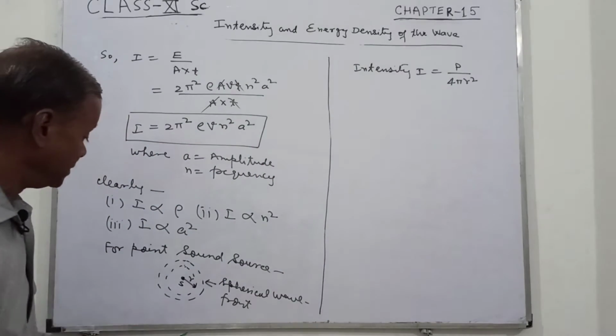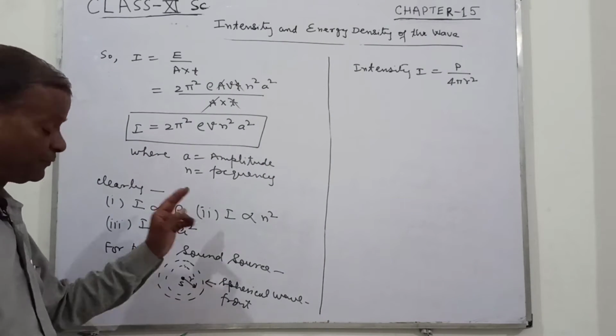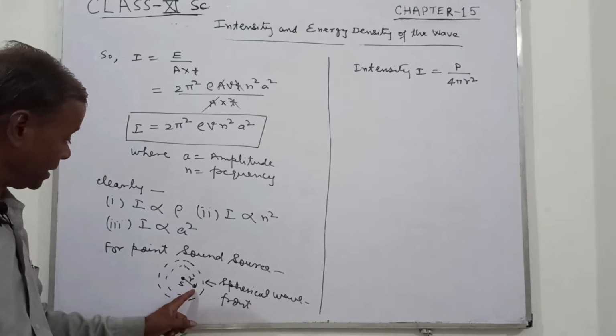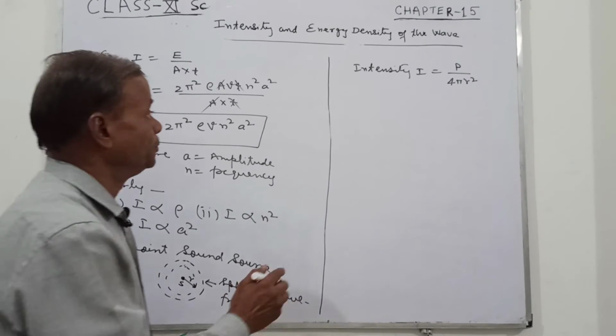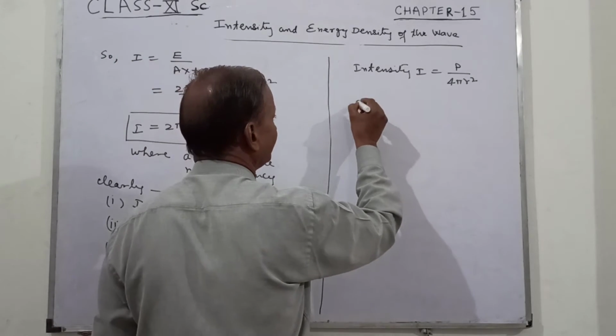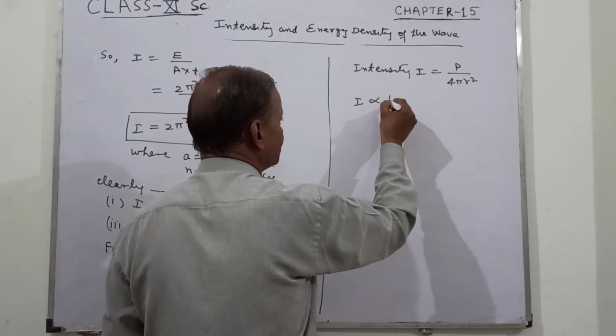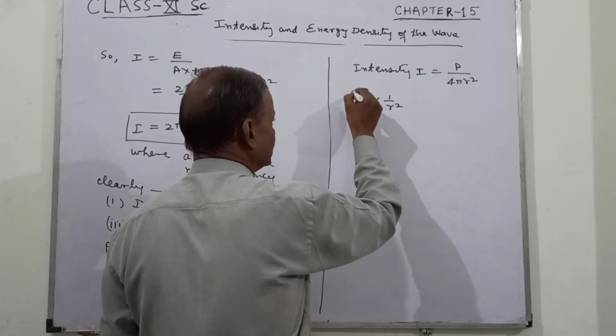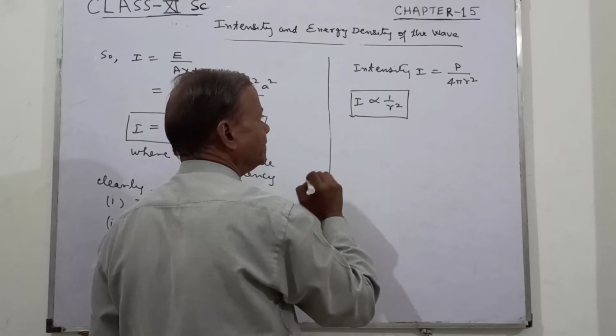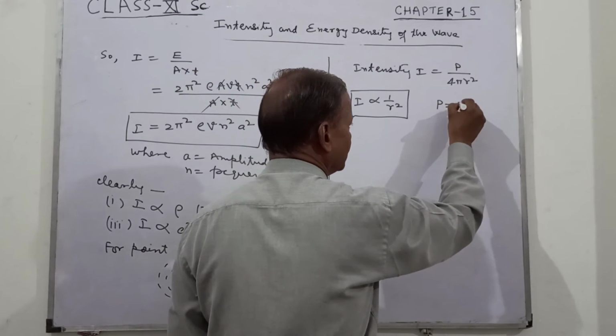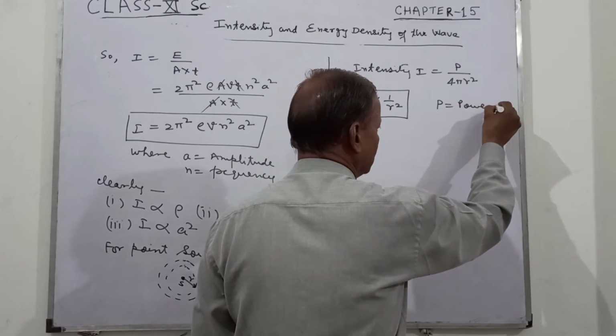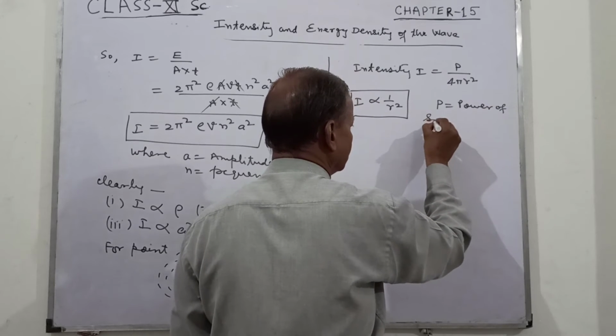As this wavefront spreads, R will change. So I is proportional to 1 upon R square, where P is the power of the sound source.